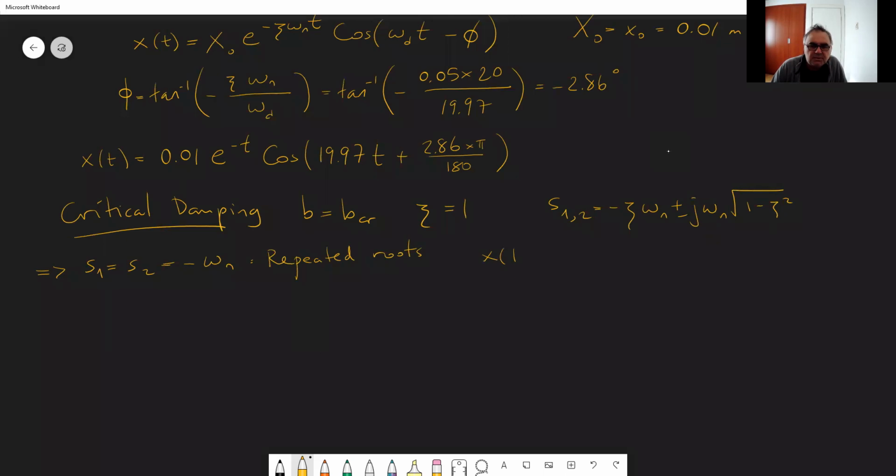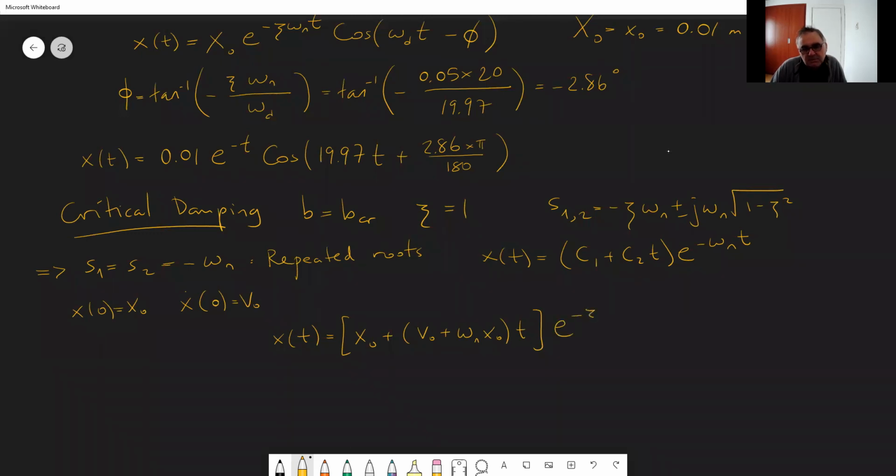So the solution x of t is going to be, this is a little bit complex, but if you have x of 0 is x0, and x dot of 0 is v0, in this case, x of t will be, in general, x0 plus v0 plus omega n x0 t, times e to the minus omega n t. No, there is no zeta, zeta is 1.